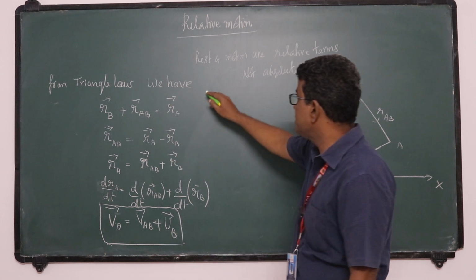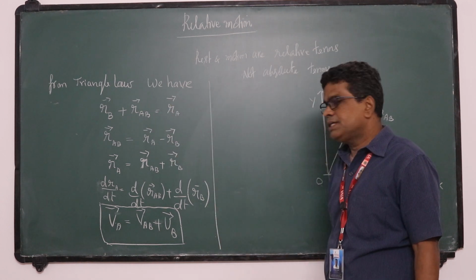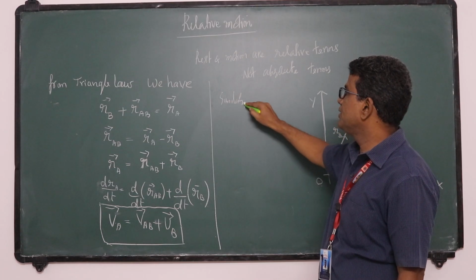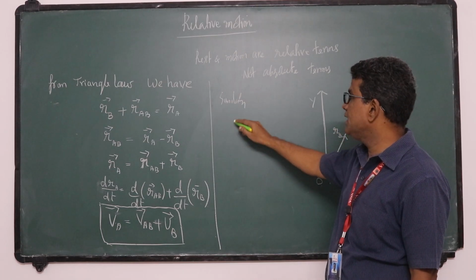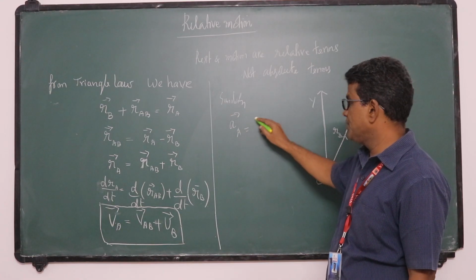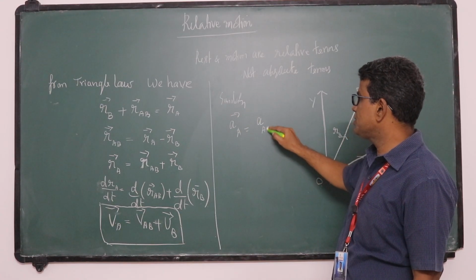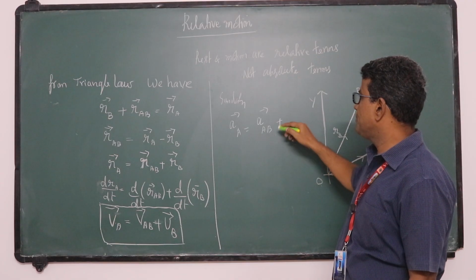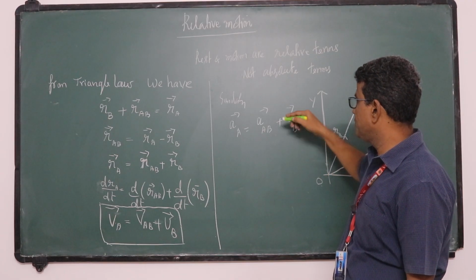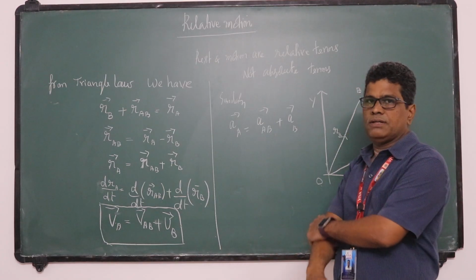Similarly, if you differentiate with respect to time, you will get accelerations. Similarly, differentiate with respect to time, you will get acceleration of A is equal to acceleration of A with respect to B plus acceleration of B. Okay, you will get this one.